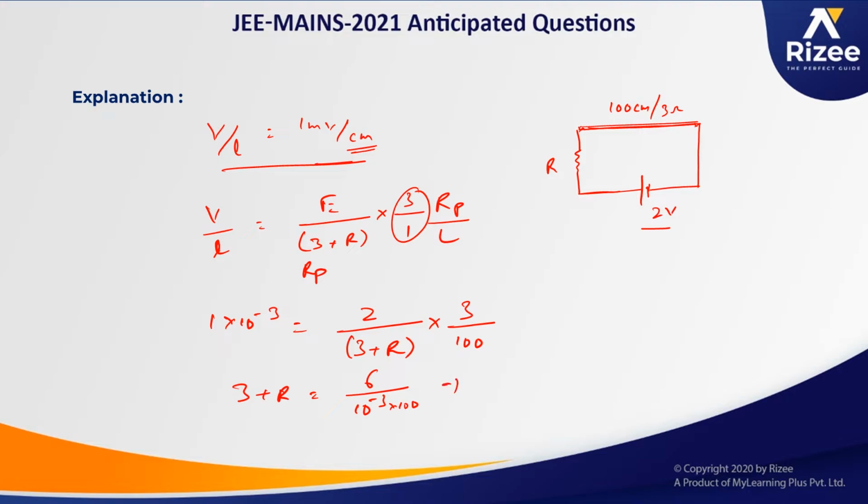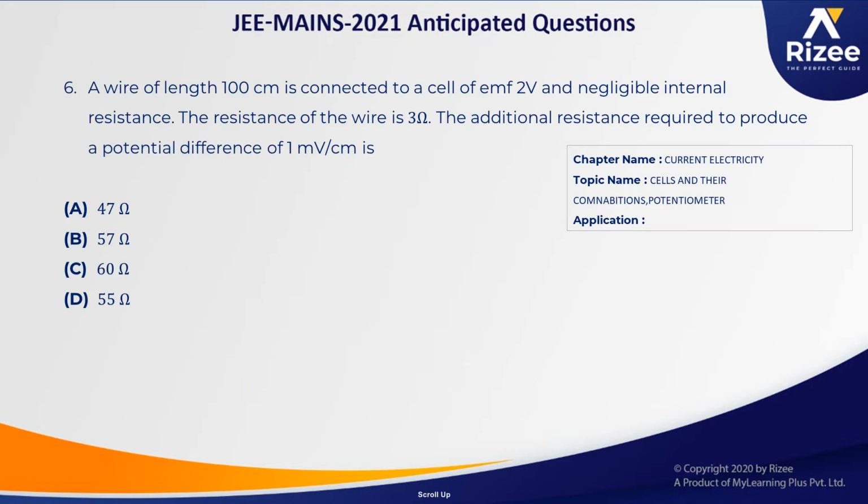This comes out to be 3 plus R is equal to 10 to the power of minus 1 left over, and this will be 60. So R is equal to 57 ohms. This should be your answer. So 57 ohms, that is option B.